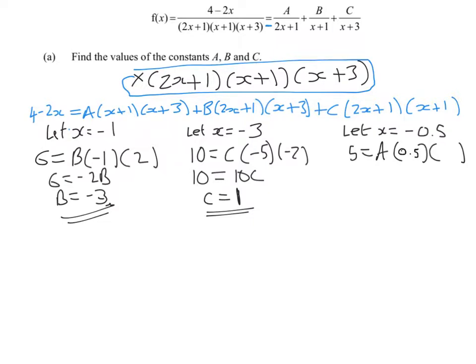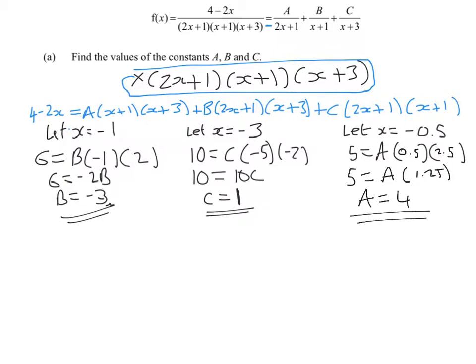The x plus 3, with negative 0.5, is going to be 2.5. Forgive the decimals here. Half of 2.5 is 1.25, so we've got A lots of 1.25. Well, 5 over 1.25 is 4. So we've got A is 4.